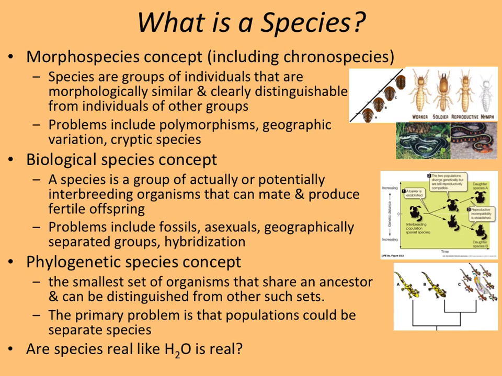And then there's a phylogenetic species concept. The smallest set of organisms that share an ancestor and can be distinguished from other such sets. The primary problem is populations could be separate species. Like how far down do you go? The biological species concept is a mechanism.